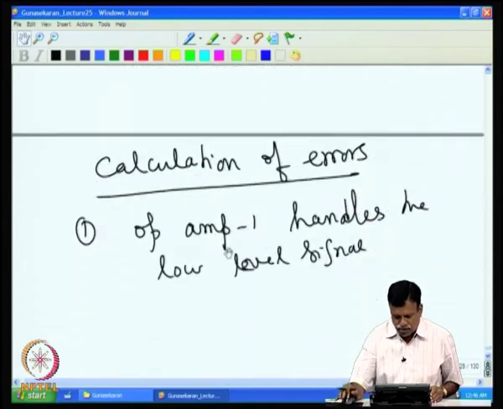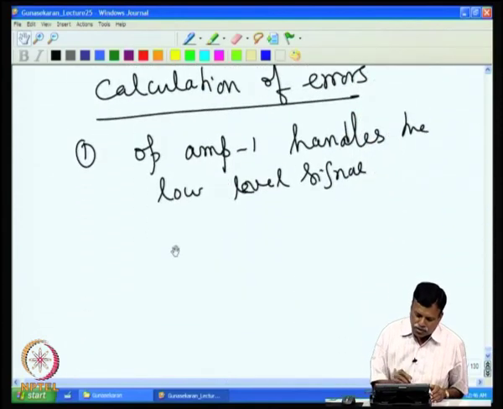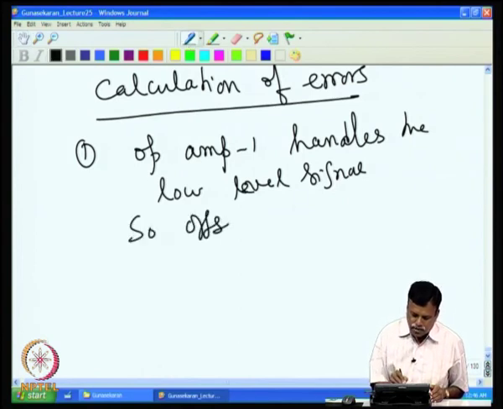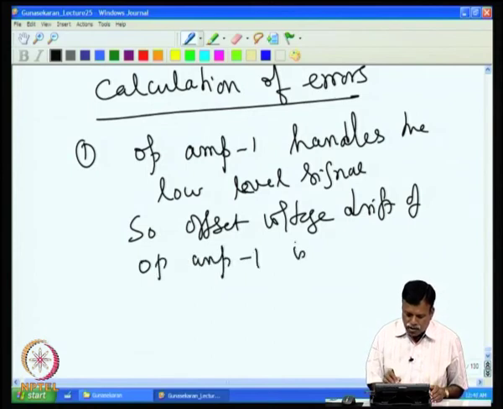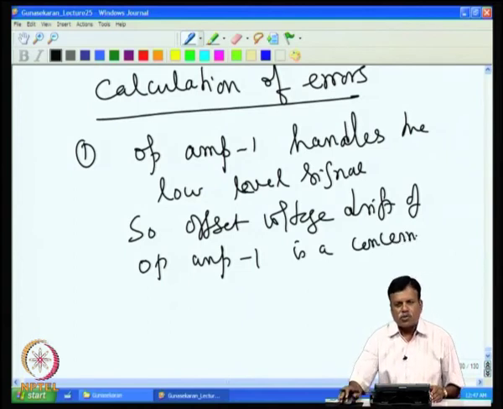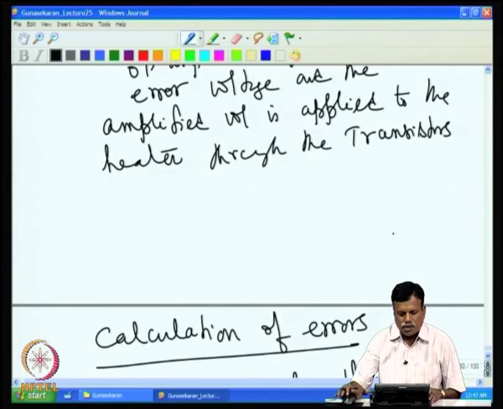So, the offset voltage drift of op amp 1 is a concern, because here we should use a low offset voltage drift op amp.